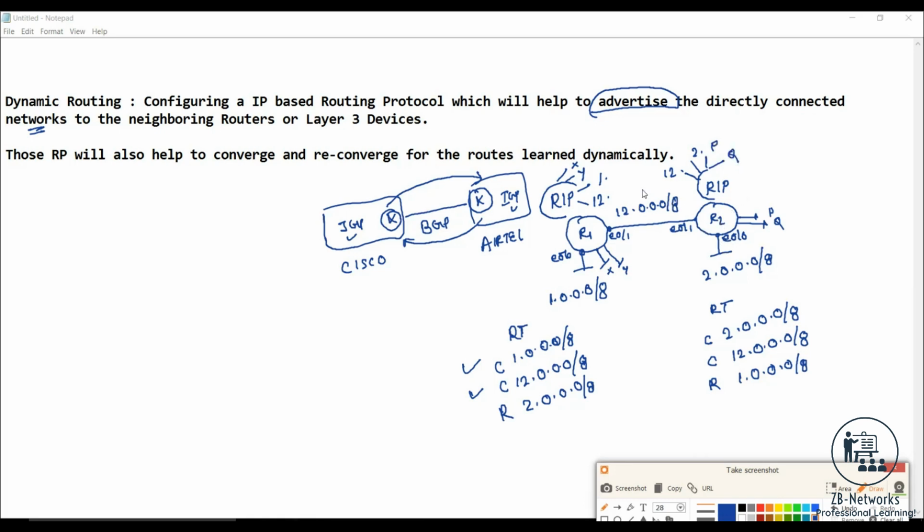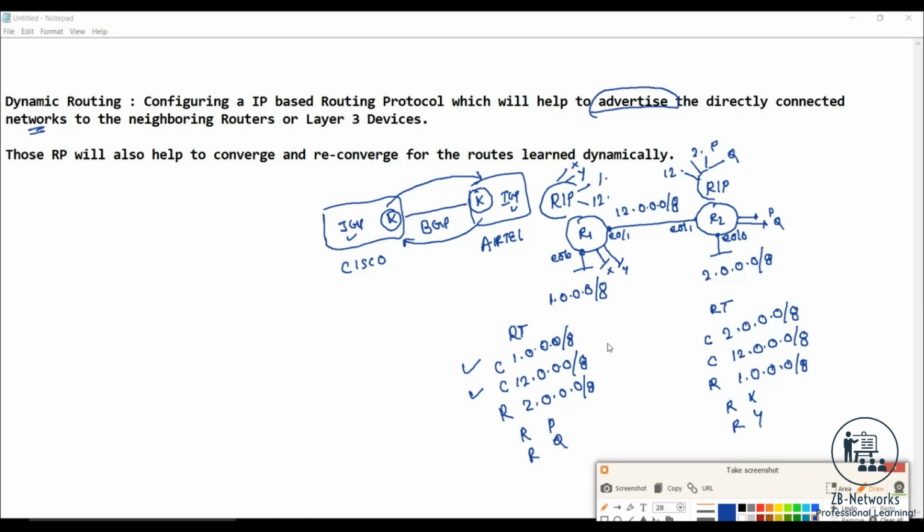Now they will share those updates with each other. As an example, with the help of RIP, R1 would automatically learn about P and Q. It's just an example to make you understand, P and Q is not a network address. And this router would learn about X and Y. Does it make sense?